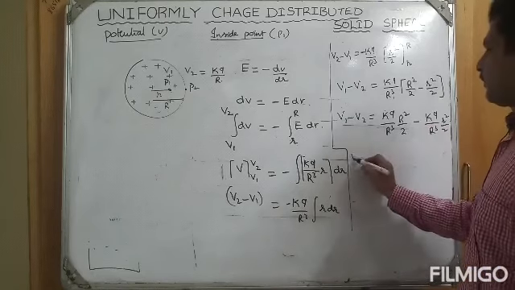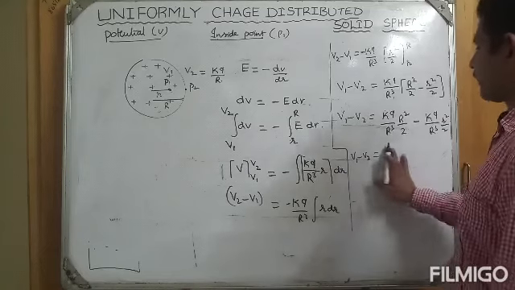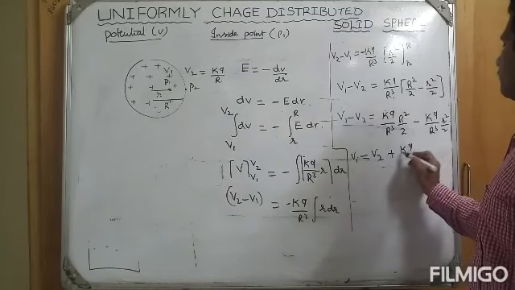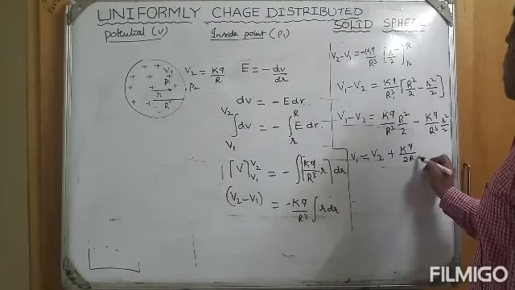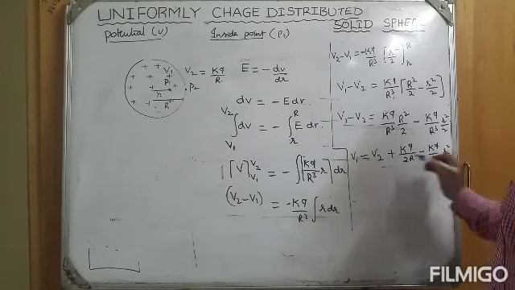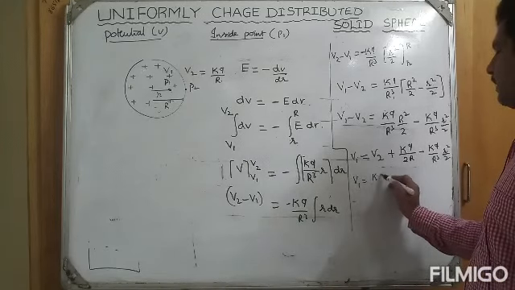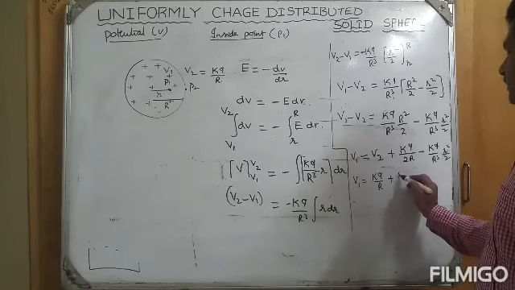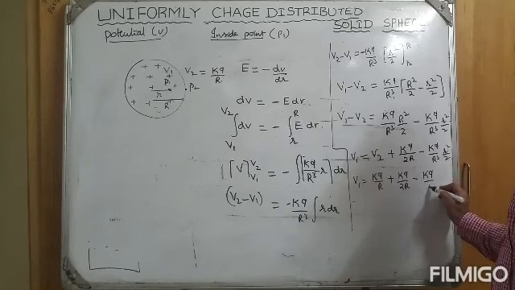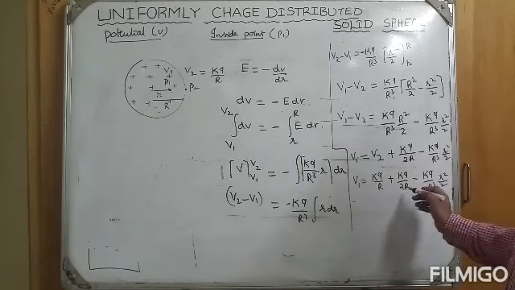So this value will be V1 minus V2, so V1 is equal to V2 plus KQ by 2R minus KQ by R cube into r square by 2. But what is V2? Potential on the surface, that is KQ by R plus KQ by 2R minus KQ by R cube into r square by 2. Understand? So we want to take LCM.